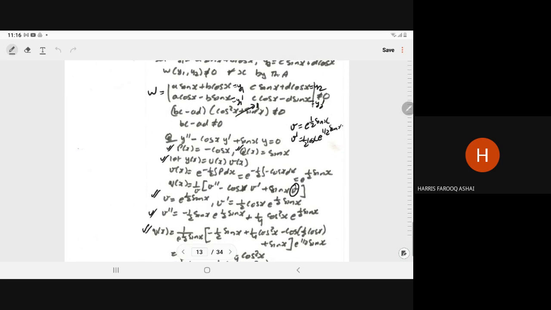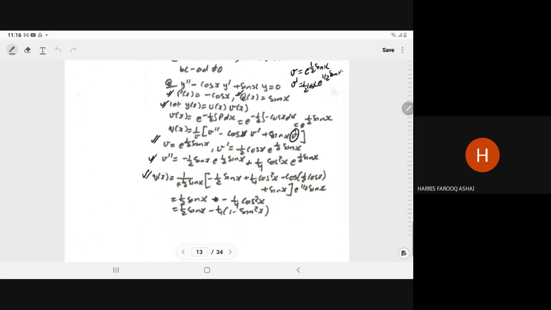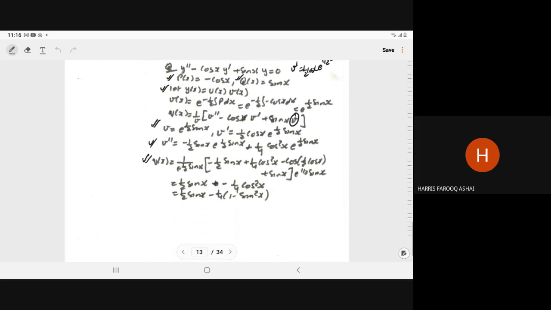So here we have q, and q is equal to 1 by v, times v double dash plus pv dash plus qv.